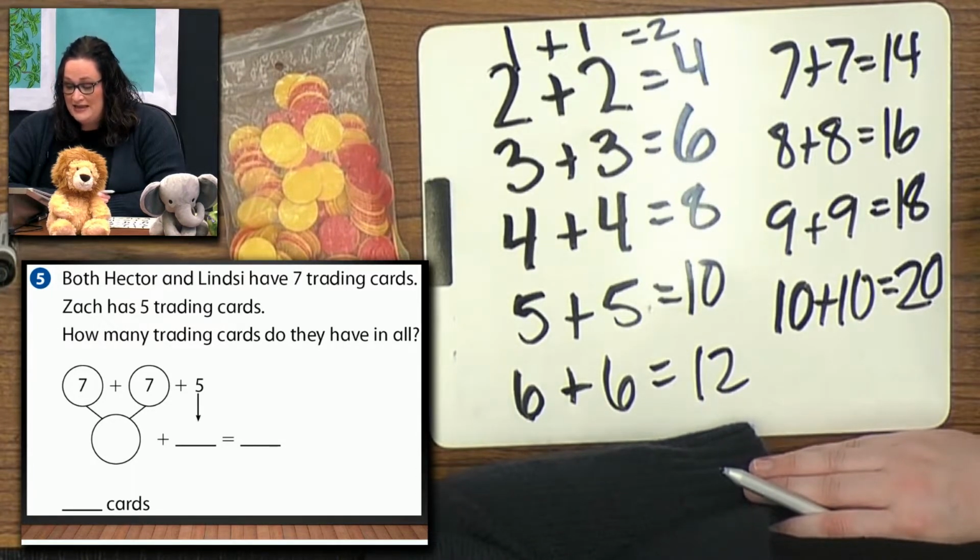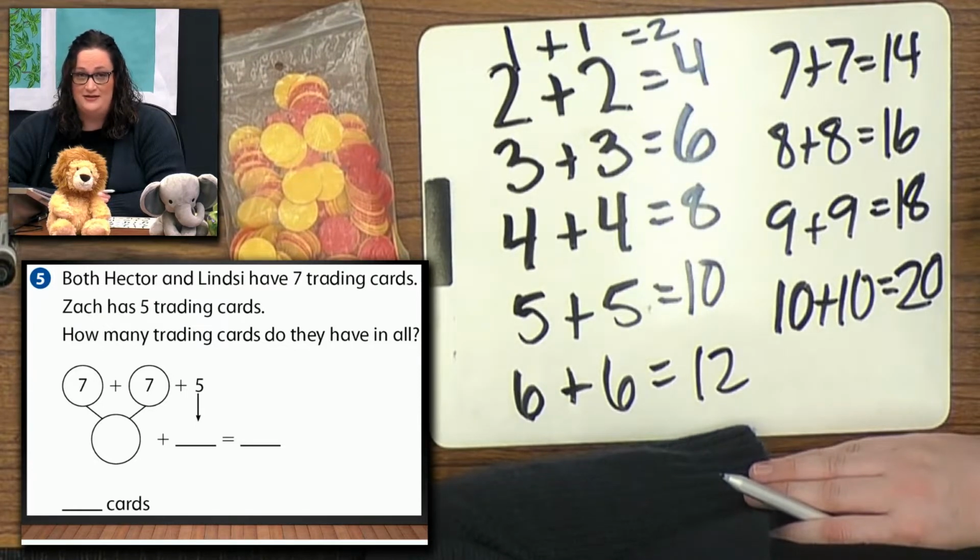Both Hector and Lindsay have 7 trading cards. Zach has 5 trading cards. How many trading cards do they have in all? So Hector and Lindsay both have 7. Go ahead and solve.